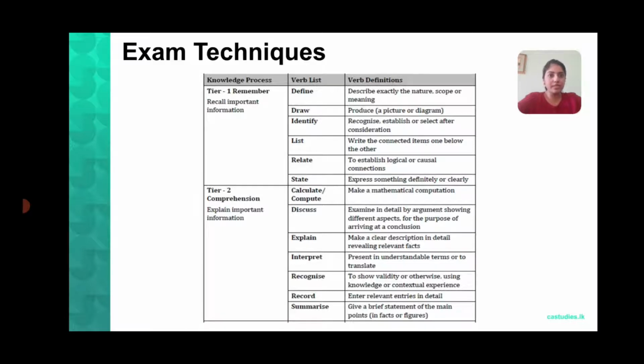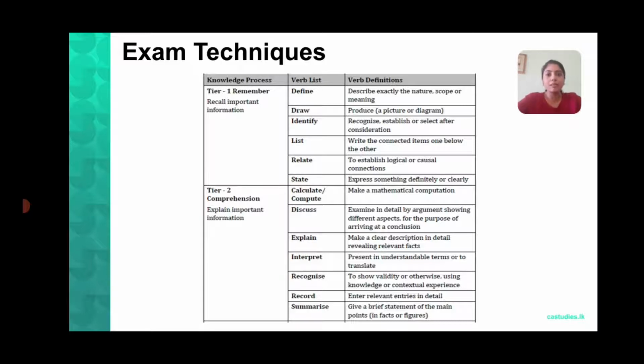Because if you see, for example, identify, they define it as recognize, establish or select after consideration. So it means you just need to give what the question asks in 1 or 2 sentences.